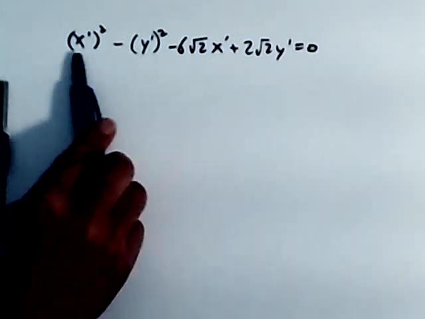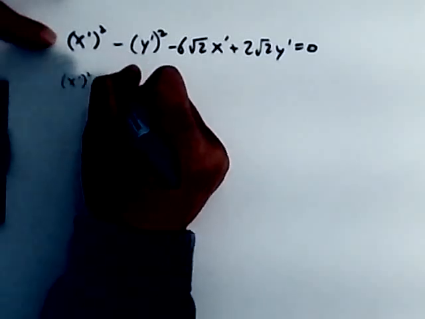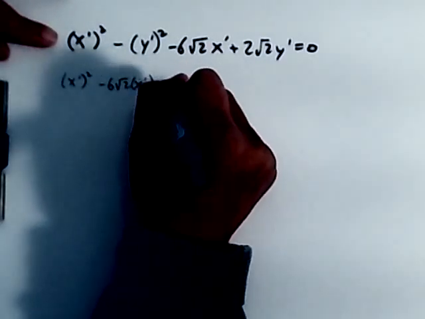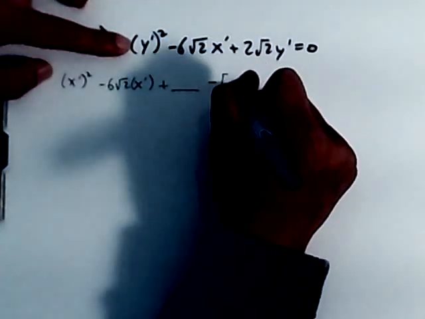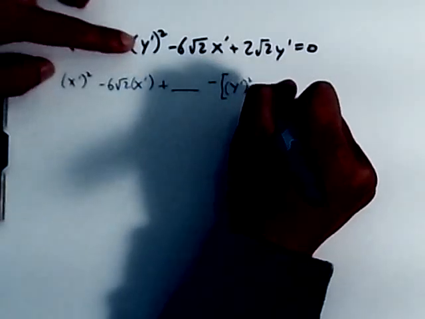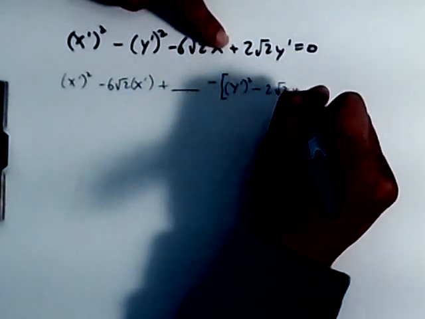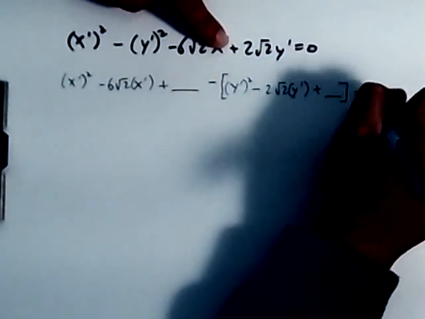And now we have to complete the square on this one. I'm going to need a little bit more space. I'm going to use my white, a little small, lighter one. X prime squared minus 6 root 2 x prime plus something, minus quantity y prime squared minus 2 root 2 y prime plus something is equal to 0.